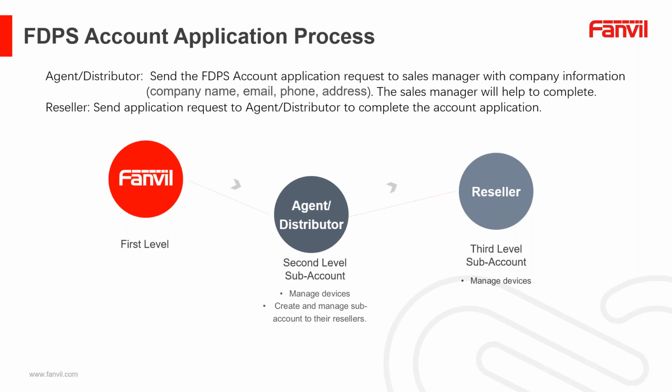The agent and the distributor will be the second level FDPS account. This level might manage devices directly, and they can also create and manage sub-accounts for their resellers and their customers. The final level account can also manage devices directly, but cannot create a next level account or other accounts for those who want to use FDPS.